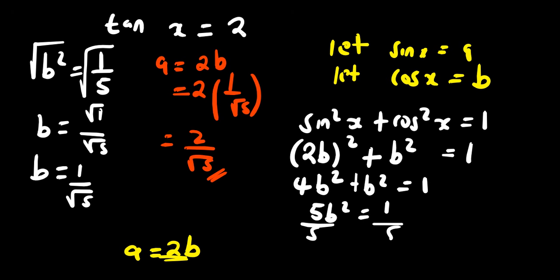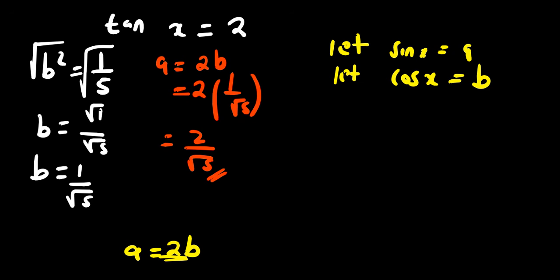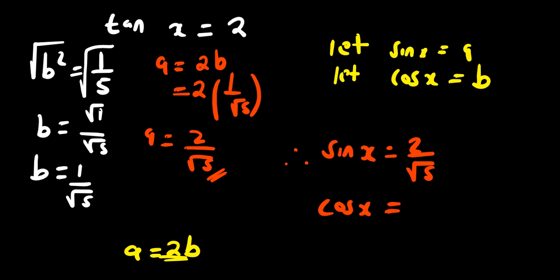Therefore our final answers, since we let sine x be equal to a and cos x be equal to b: sine x is equal to 2 over the root of 5, then cos x is equal to b, which we found to be 1 over root 5. So this is how you solve this one.